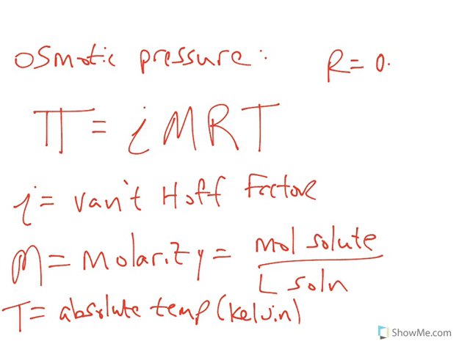This time we need 0.08206, and the units on it are liter atmosphere per mole K. That's our gas constant, and it's just simply going to be plugging these numbers in. So I could ask, what is the osmotic pressure?